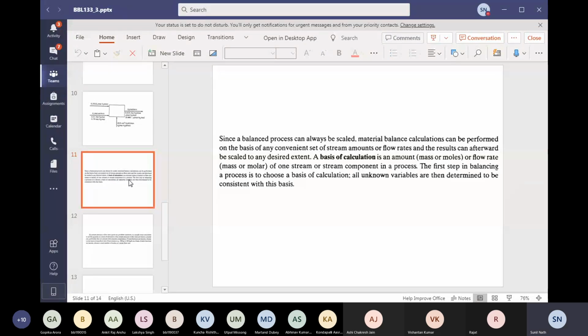You can do it on the basis of limiting reactant, even if there is a reaction, or you can do it based on any one of the components. Say you can leave out air in that example and just do oxygen. So you can always say 100 moles per minute of oxygen flowing in. On the contrary, you can say 100 moles per minute of air flowing in. Alternatively, it can be based on the number of moles per minute of the exit product coming out, right?